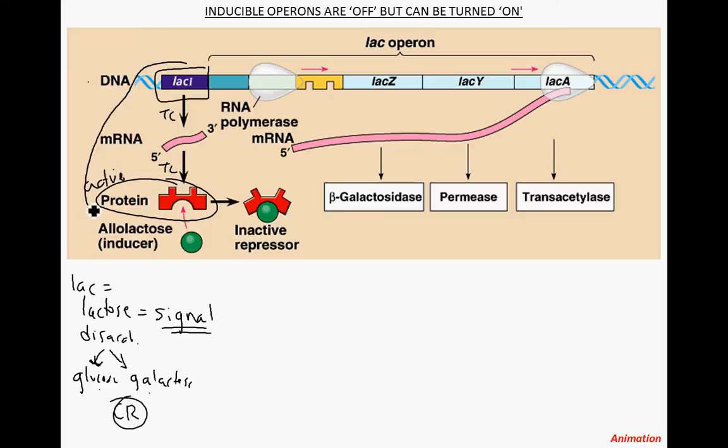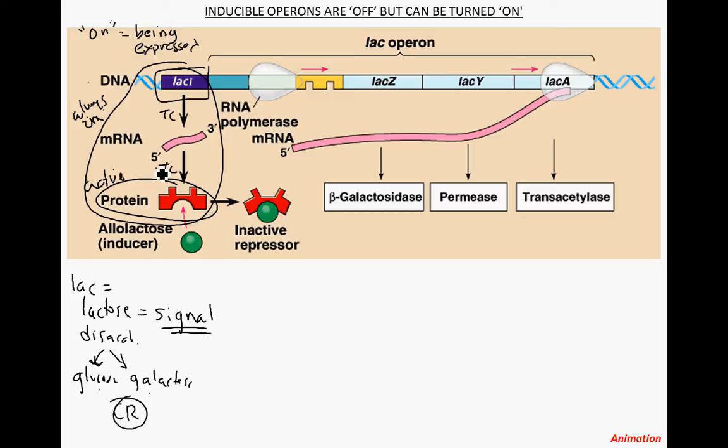So this is always going to be on. Always on. And just as a side note, when I say on, I mean that gene is being expressed, is being actively transcribed, and is actively being translated. Right? So always on, this is happening. You're making active repressor protein.